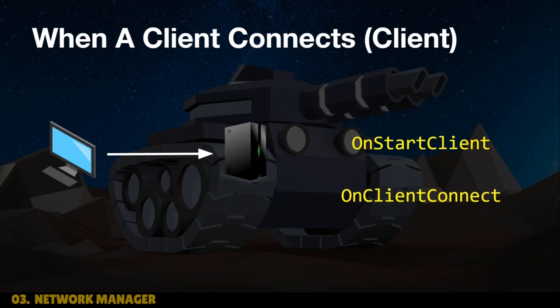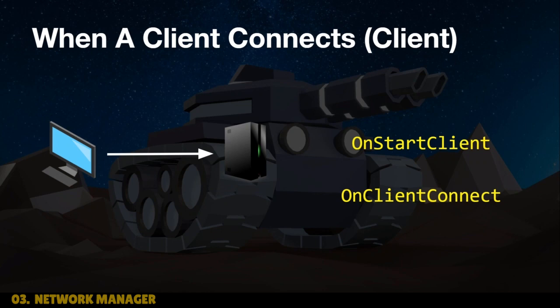These are just methods that are called, and we can do our own custom logic when they happen. Now, OnStartClient always gets called whenever you click the client button when you try and start a client connection, whereas OnClientConnect only gets called once you've connected to a server. That might not always happen. There may be no server there for you to connect to. So you might start a client, but then not client connect eventually.